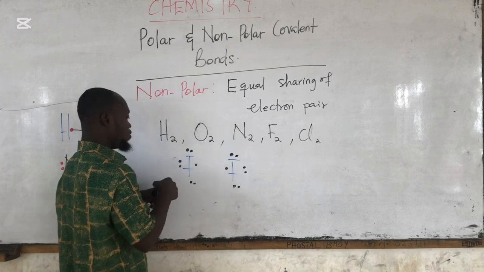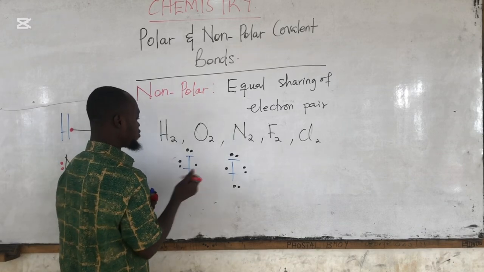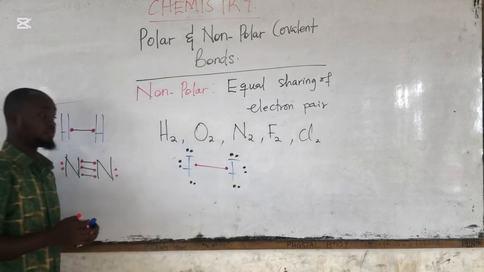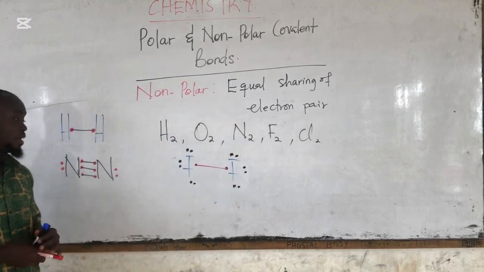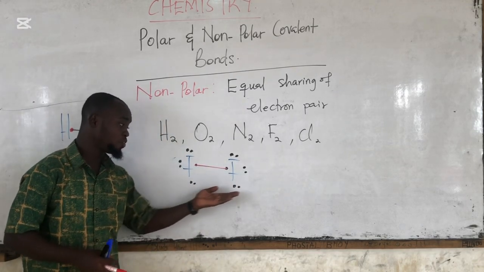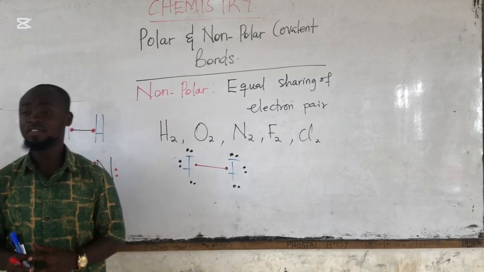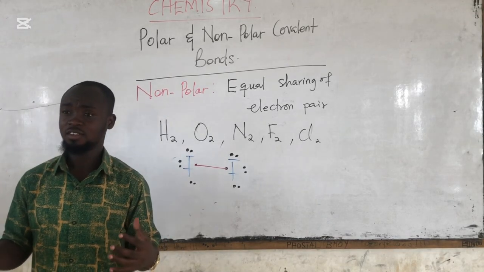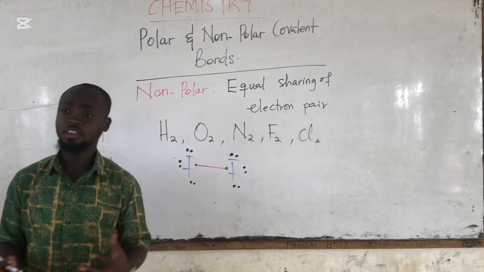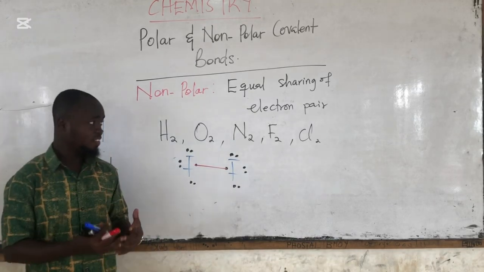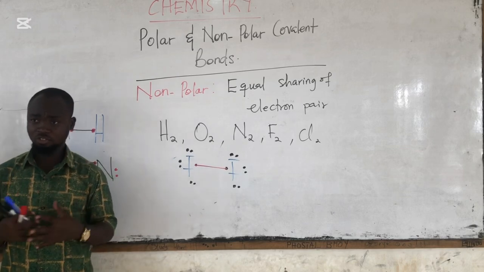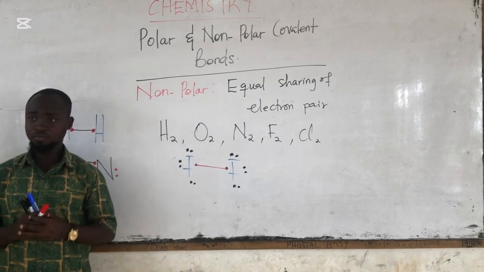So for F2 to be formed, there's going to be donation coming from each one here, and then electron sharing. Is that okay? But since they are all of the same species, they have the same electronegativity, so the electron pair will be equally shared. Is that okay? It will be equally shared. So this is non-polar covalency involving equal sharing of electrons as well.